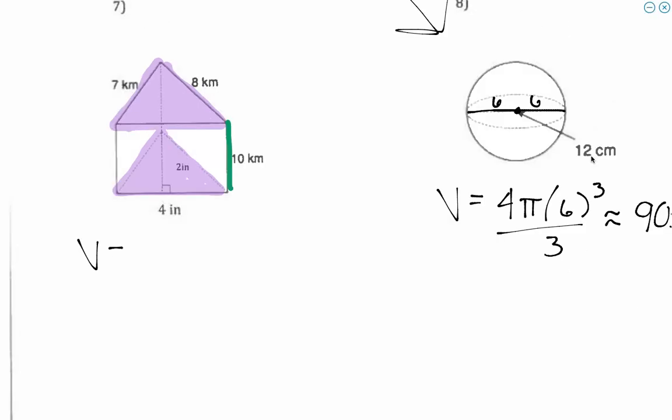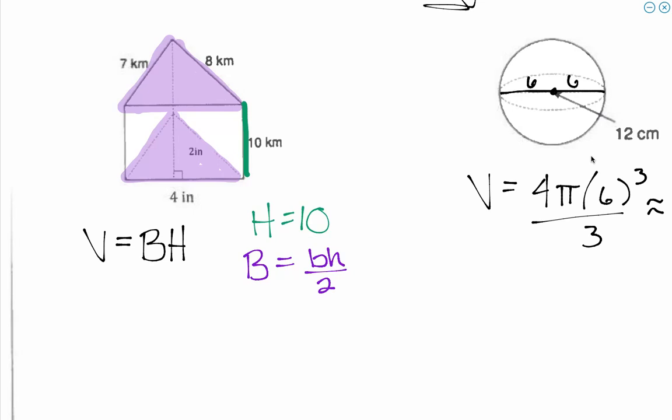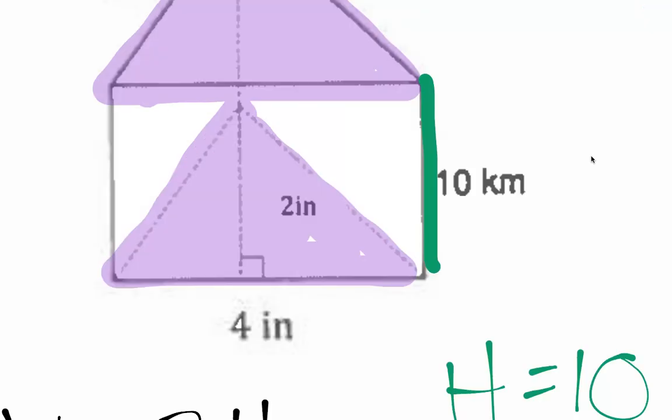So volume equals base times height. H is 10. And since B is a triangle, it's going to be little b times little h divided by 2. If I look at this triangle, the base and height are 4 and 2.